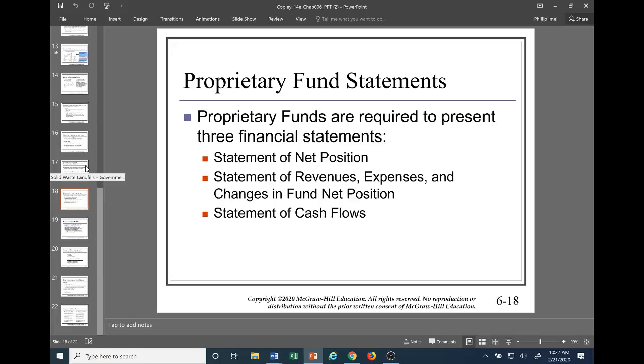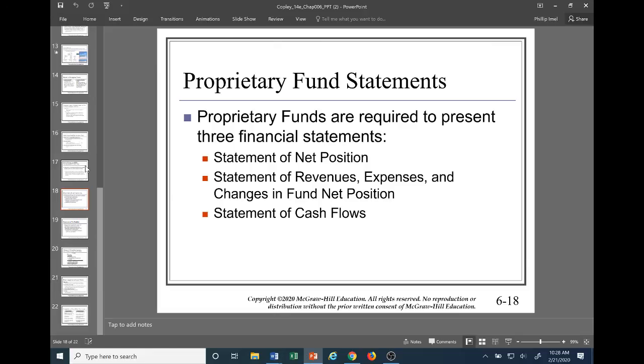Proprietary fund statements. So we have three financial statements here, right? Statement of net position, which resembles what? Balance sheet, right? Because net position is all assets less liabilities. So it shows the position of the government or company. So statement of net position. Next, statement of revenues, expenses.